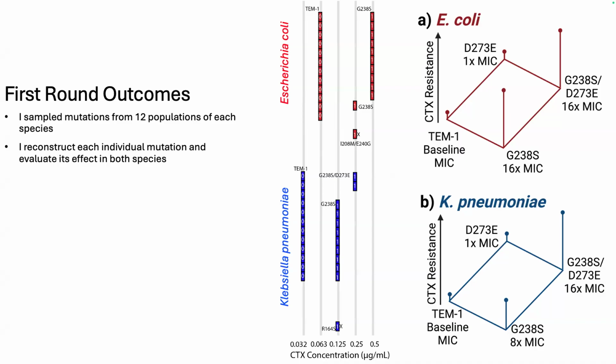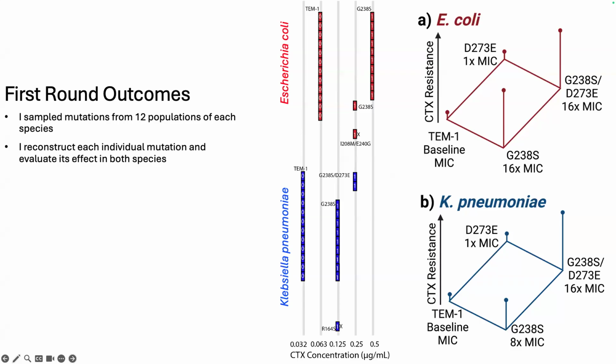If the G238S, D273E double mutant showed up from TEM1, there were two evolutionary paths involving single mutational steps that could have gotten it there. You could have D273E occur first and then add G238S, or you can go the other way and add G238S first and then add D273E.